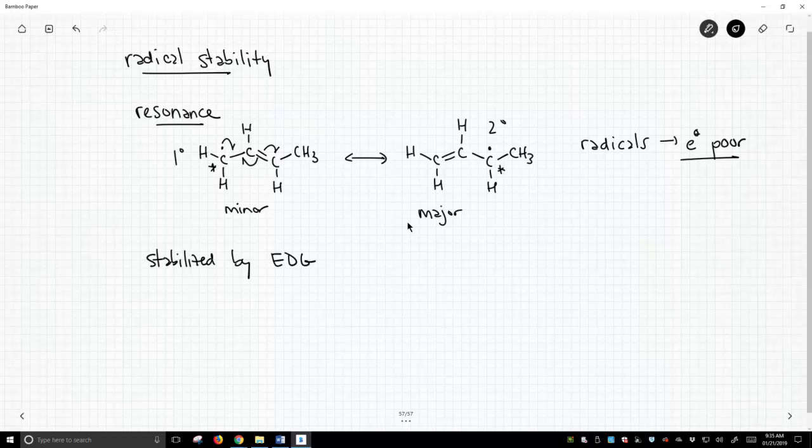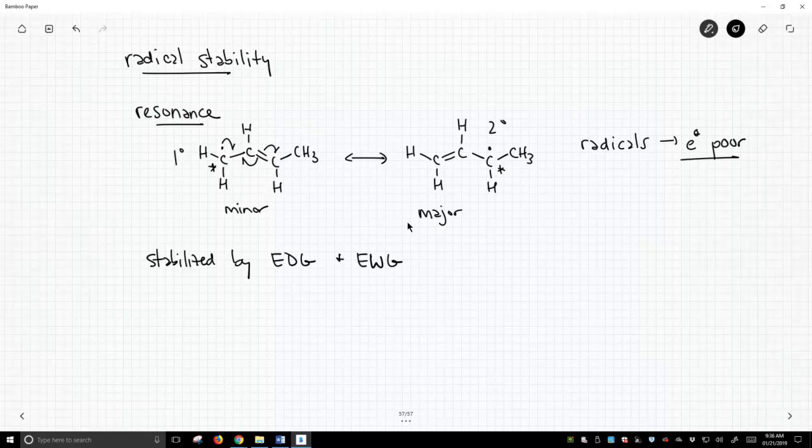Okay, that's no real stunner. If radicals are electron poor, electron donating groups ought to be stabilizing. But they're also stabilized by electron withdrawing groups. And that's kind of interesting. We're not going to expand upon this, but that's a little counterintuitive. It gets into how the orbitals mix together, but radicals are stabilized by both electron donating and electron withdrawing groups.